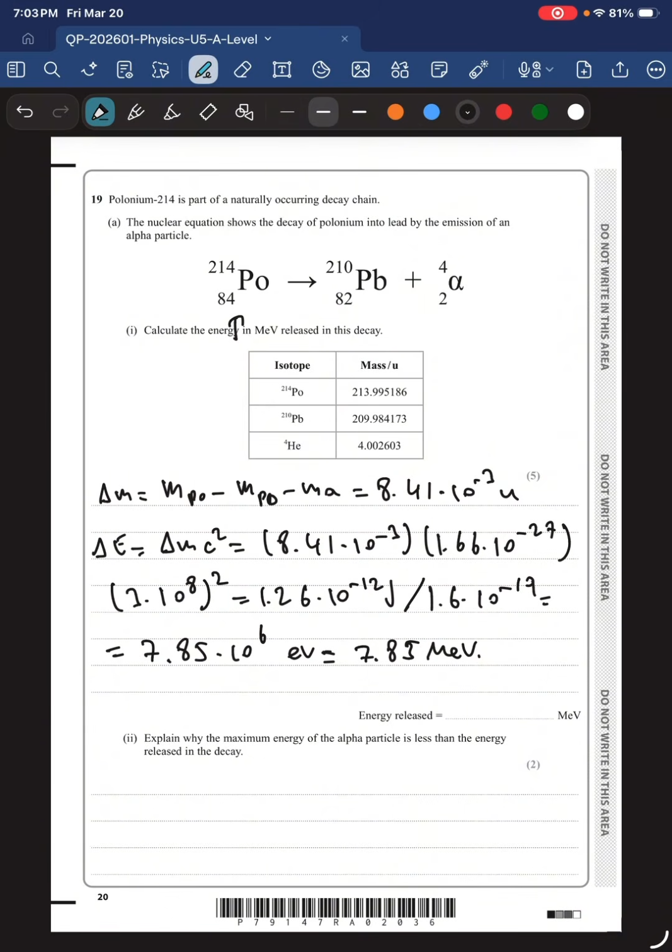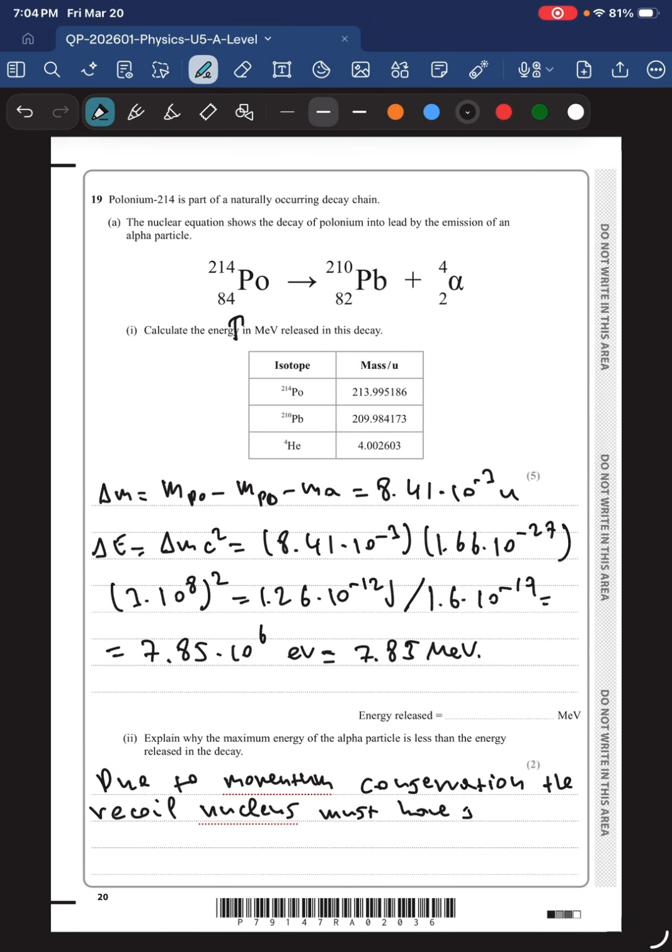B. Explain why the maximum energy of the alpha particle is less than the energy released in the decay. So due to momentum conservation, the recoil nucleus must have some kinetic energy.